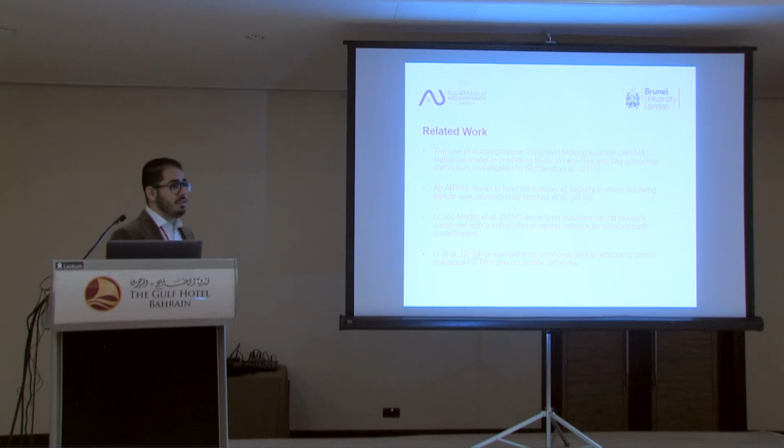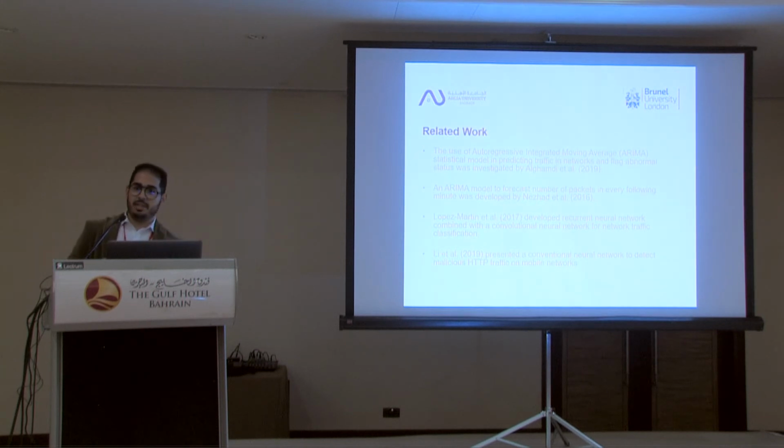Related work. What does the existing literature say about this? So I have seen several researches, or the existing literature is recommending to use ARIMA for generic networks as a method to predict attacks.